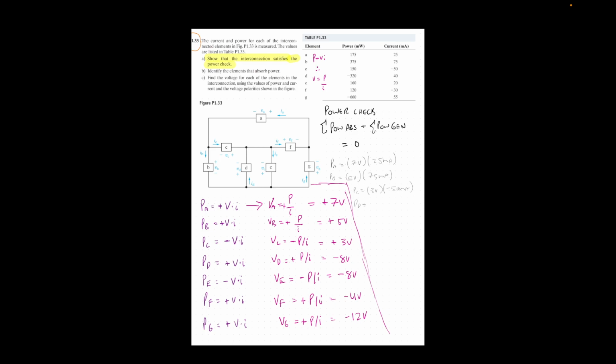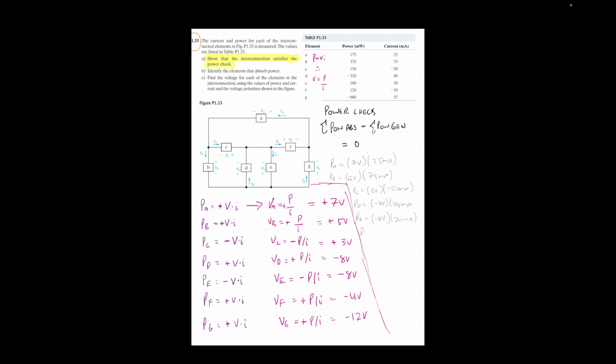My power for D is going to be negative 8 volt multiplied with my 40 milliamp. Power for E is going to equal my negative 8 volt multiplied with the 20 milliamp.